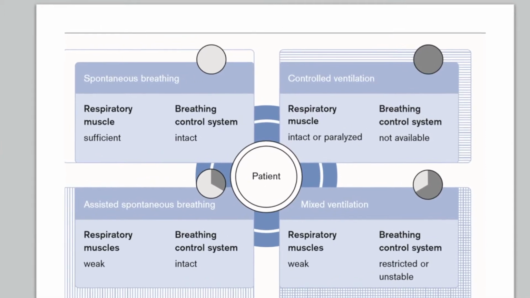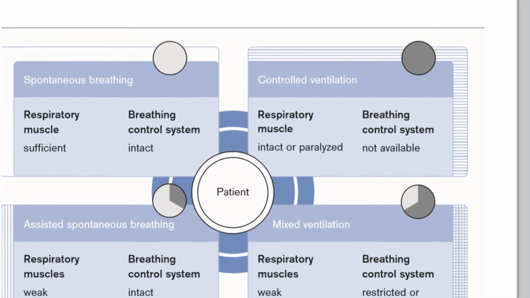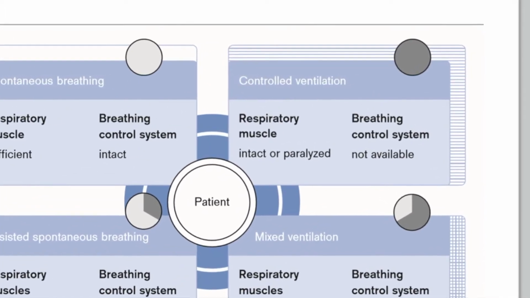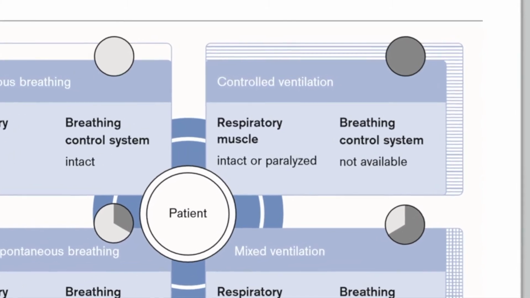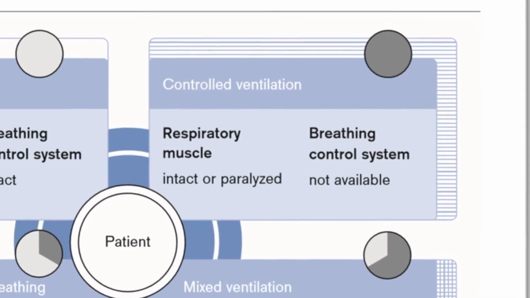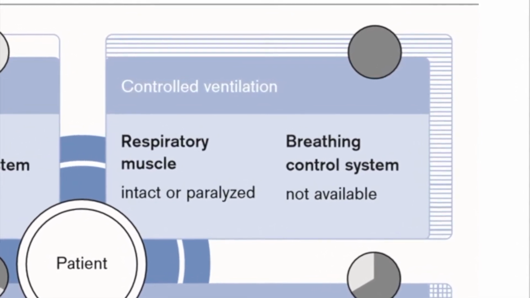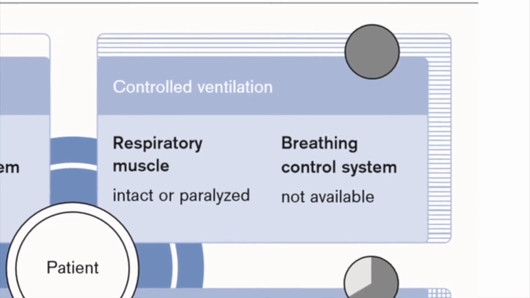So patients like this can have controlled ventilation, one of the control modes we mentioned earlier. And the reason this will work well is because the patient needs a governor. He needs something to tell him when to breathe and how much, and that's what the control modes are.